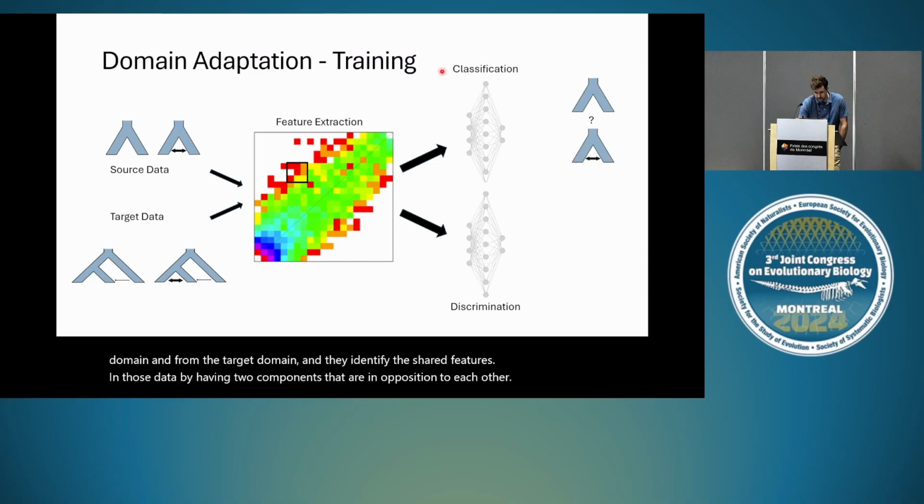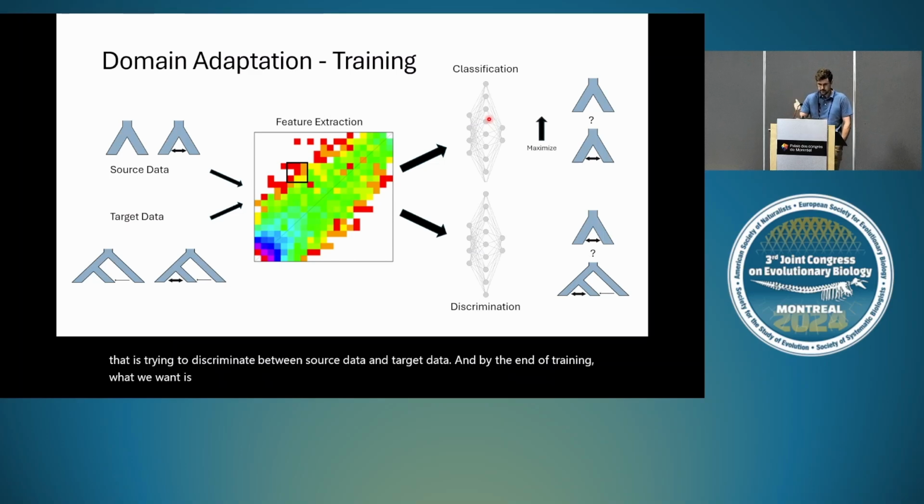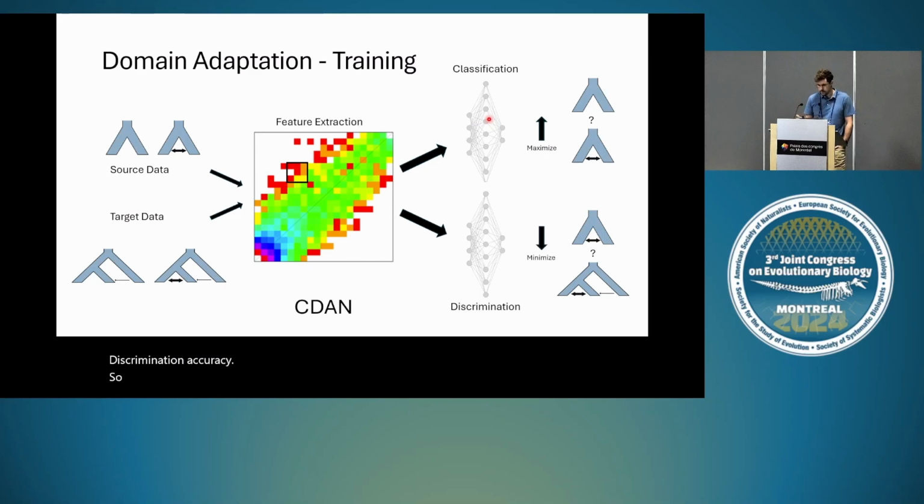So we have this classification component of the network that's trying to classify the data as, in this case, introgression or no introgression. And then there's this second component of the network that is trying to discriminate between source data and target data. And by the end of training, what we want is to maximize the classification accuracy of the network and minimize the discrimination accuracy.